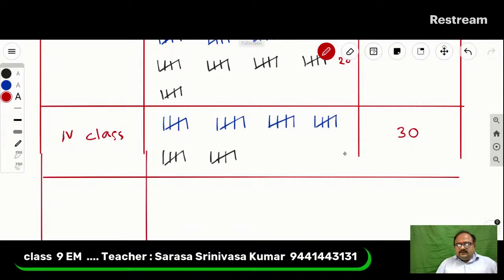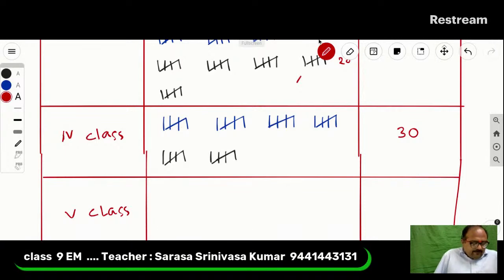Now we write the tally marks and frequency for the 5th class. How many students are there in the 5th class? 15 students are there in the 5th class. So we can write 5 multiplied by 3 equal to 15.